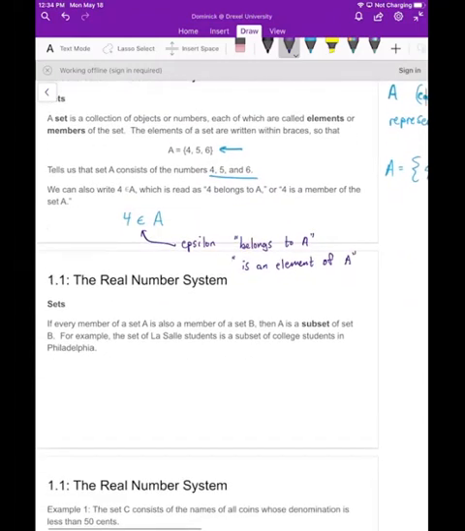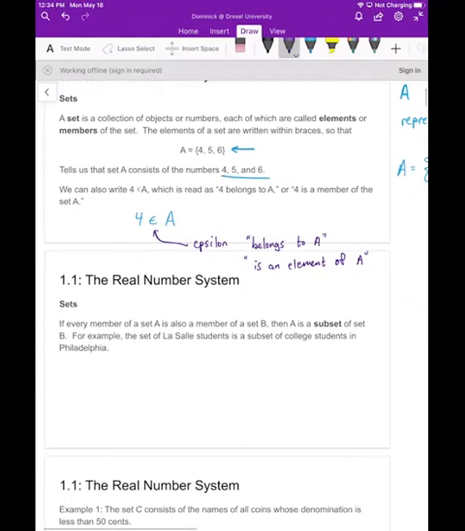Now, let's look at a quick example. If every member of a set A is also a member of set B, then we say that A is a subset of B. So for example, if we look at two sets here, one set is the set of LaSalle students, and another set is the set of college students in Philadelphia.